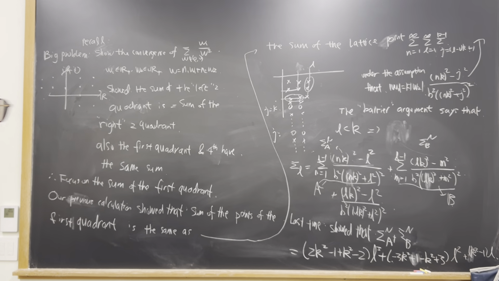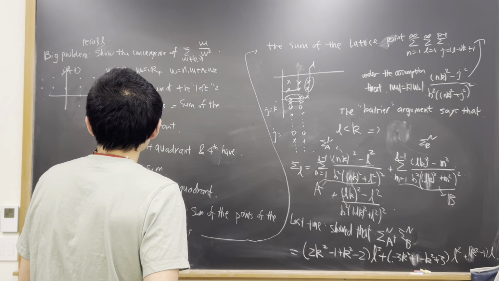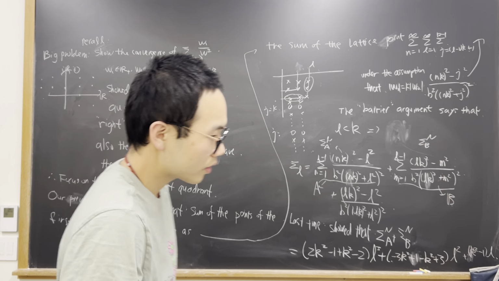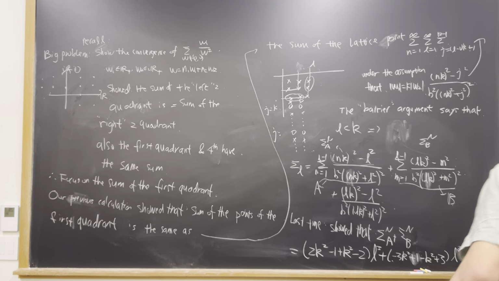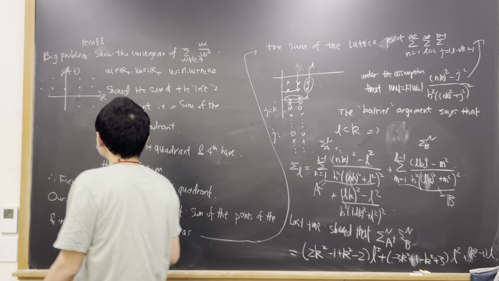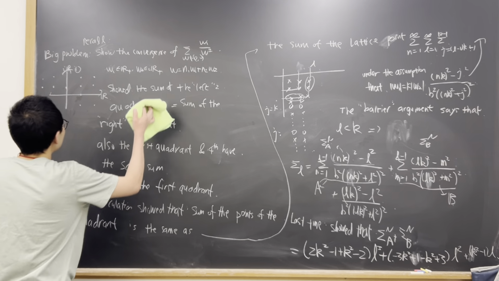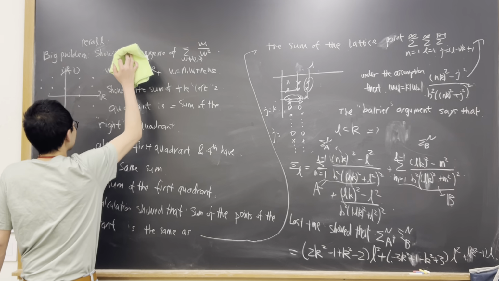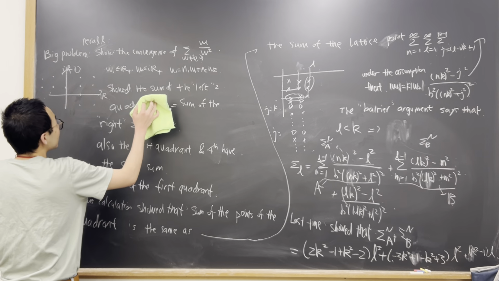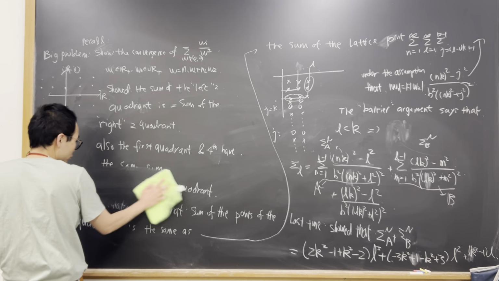So when we sum over all the corner points, I have to erase this one. So maybe just erase this part.